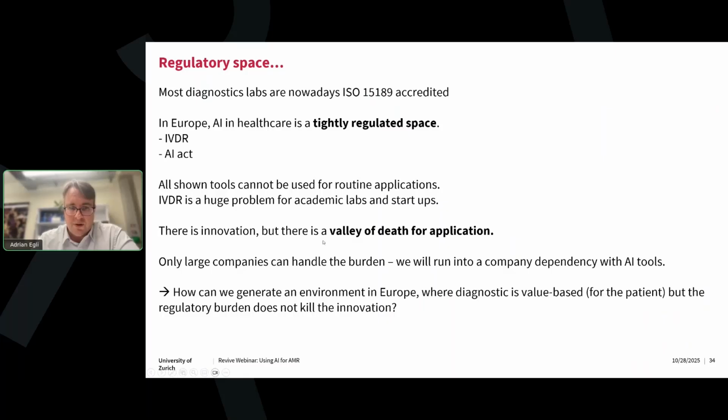And perhaps this also is a challenge for innovation, and especially smaller startup companies if they want to progress diagnostic tools. So how can we generate an environment in Europe where diagnostic is valued and it's not killed by a regulatory burden? So that's maybe something for the discussion.